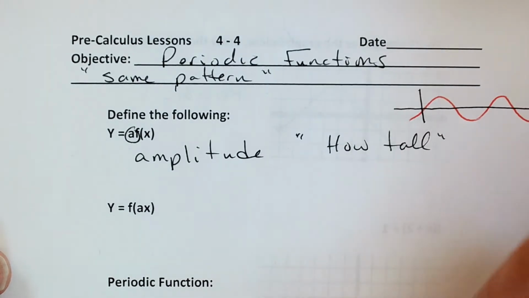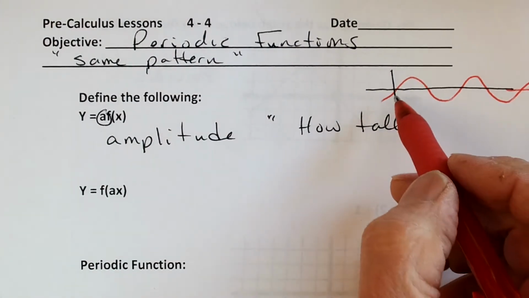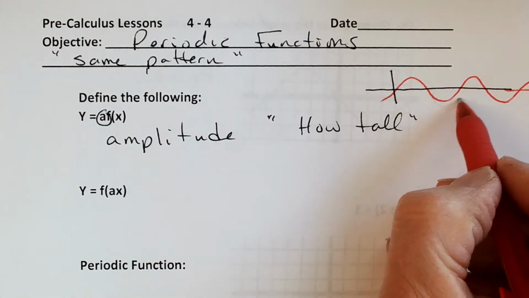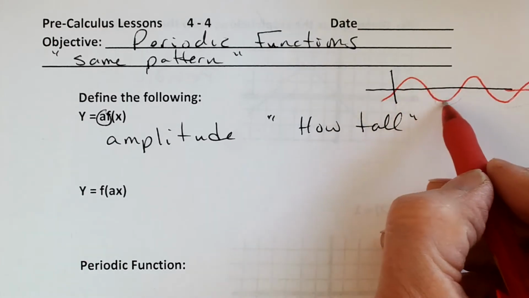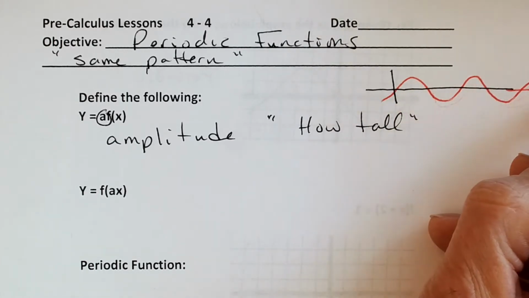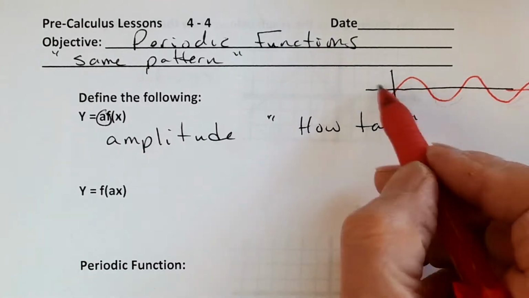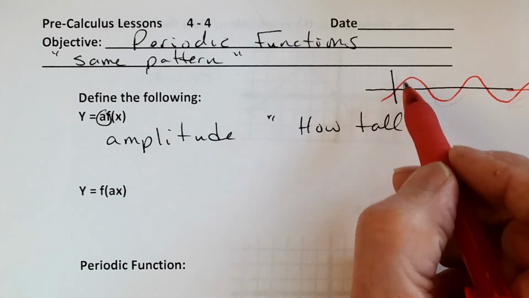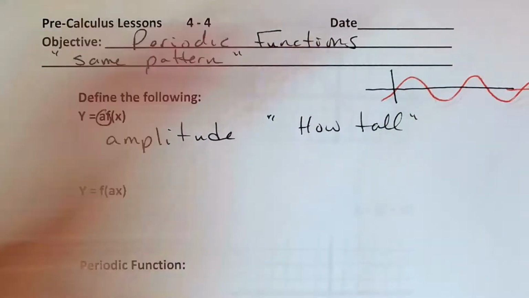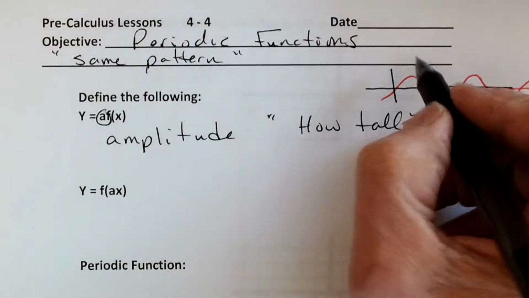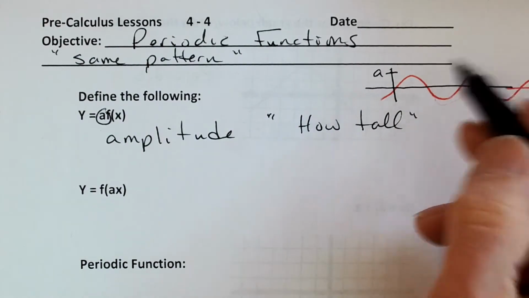Now, I'm a lousy artist, but this is a periodic function. It's just going to keep going and going. It's periodic because the shape stays the same, and it keeps going around and around. This would be a sine curve. We haven't got there yet, but we're going to talk about what a sine curve is. Its amplitude is how tall this thing is. Maybe it's 2, maybe it's 3, I don't know.